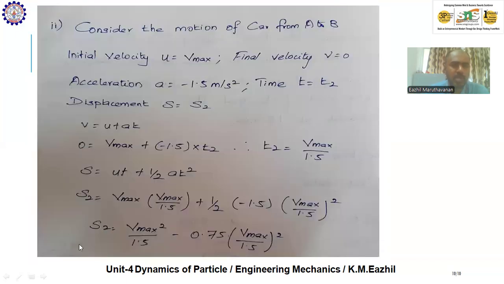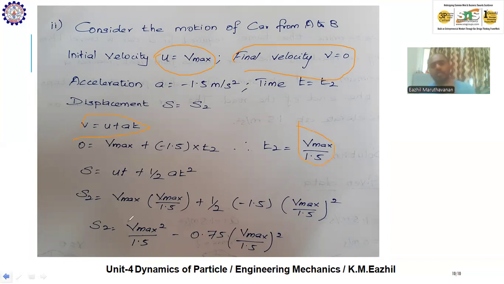Now we take the second stage. In the second stage, the initial velocity U is equal to V max, and the final velocity V is 0. It decelerates at 1.5 meter per second square. Let the time be T2. By substituting all the values in the equation V is equal to U plus AT, we get the T2 value as V max by 1.5.